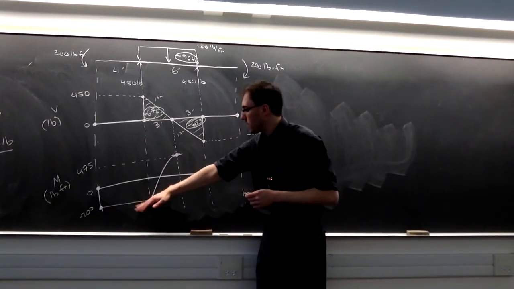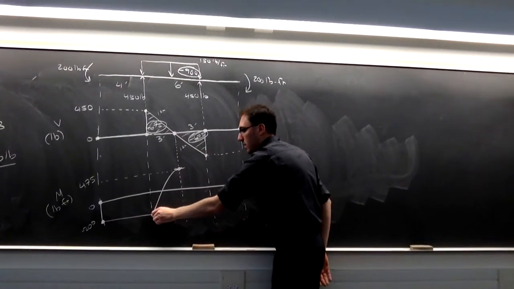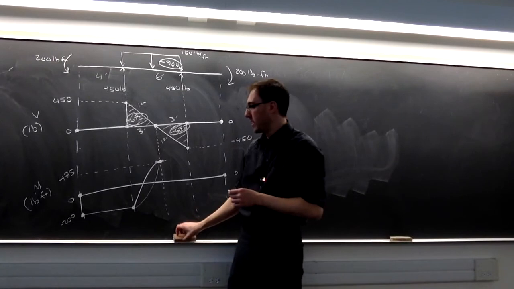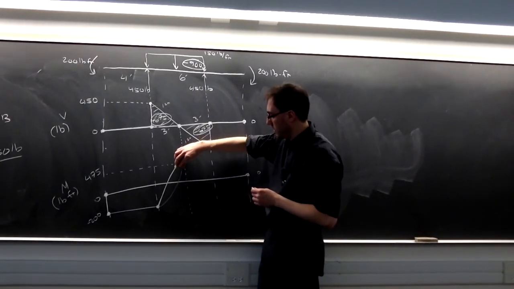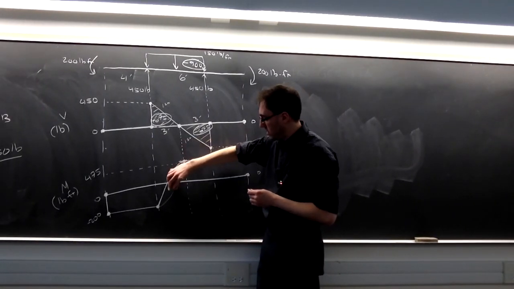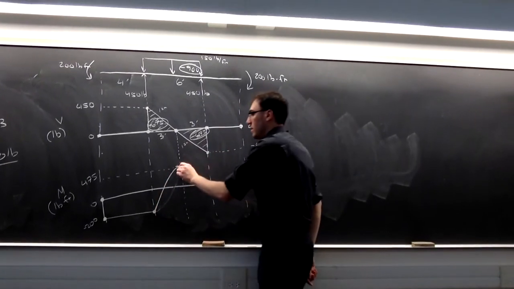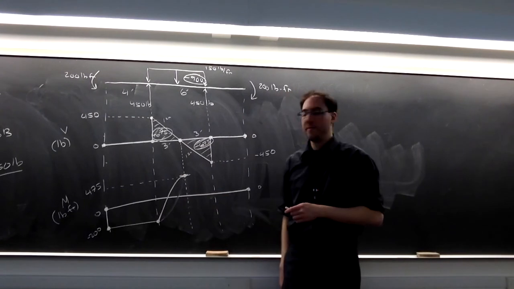If it went from a 0 slope to a positive slope, then it would have this concavity to it. So that's how we determine is it concave up or concave down. So we go up to 475.